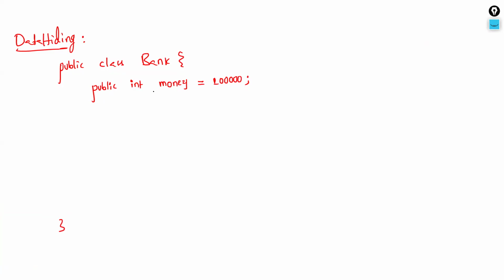Correct? Next, if this is your money, is it possible to access it from some other class? Class object concept. Possible or not possible? Possible. So I'll take one more class called Test class.